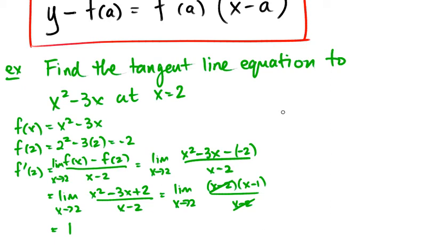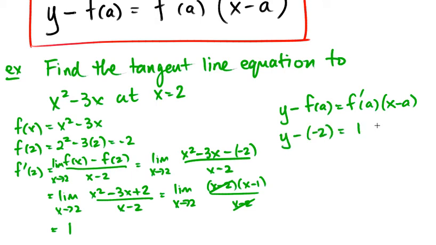Then we can use the tangent line equation shown above. y minus f of a equals f prime of a times x minus a. Substituting in for f of a is negative 2, for the slope is 1, and for the a value is 2. So I get y plus 2 is equal to x minus 2, or y equals x minus 4.